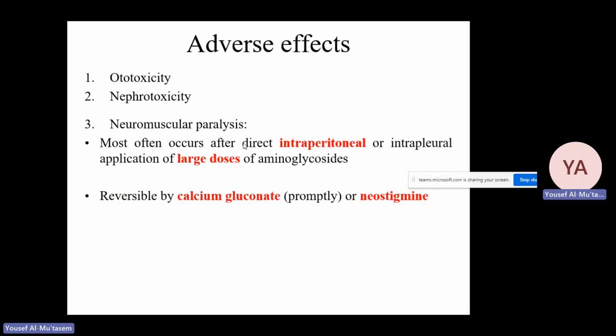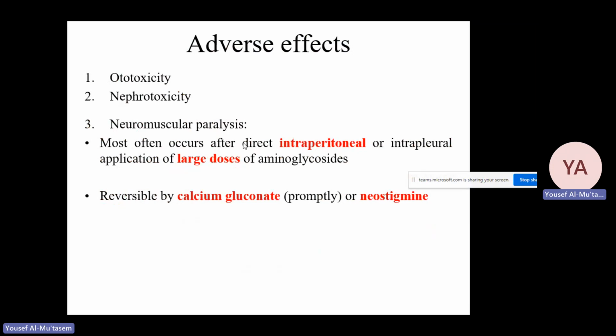The adverse effects we have talked about are ototoxicity and nephrotoxicity, and we said that when these medications are given intraperitoneally, we are sometimes afraid of neuromuscular paralysis. Why are we afraid of that? Because of the chances that the skeletal muscles in charge of breathing are the ones being affected, and this would stop our ability to breathe.